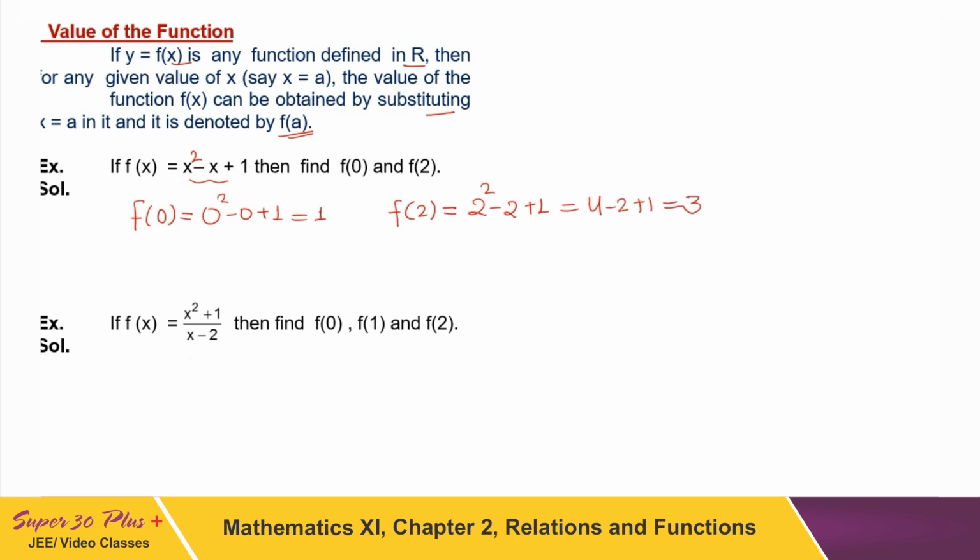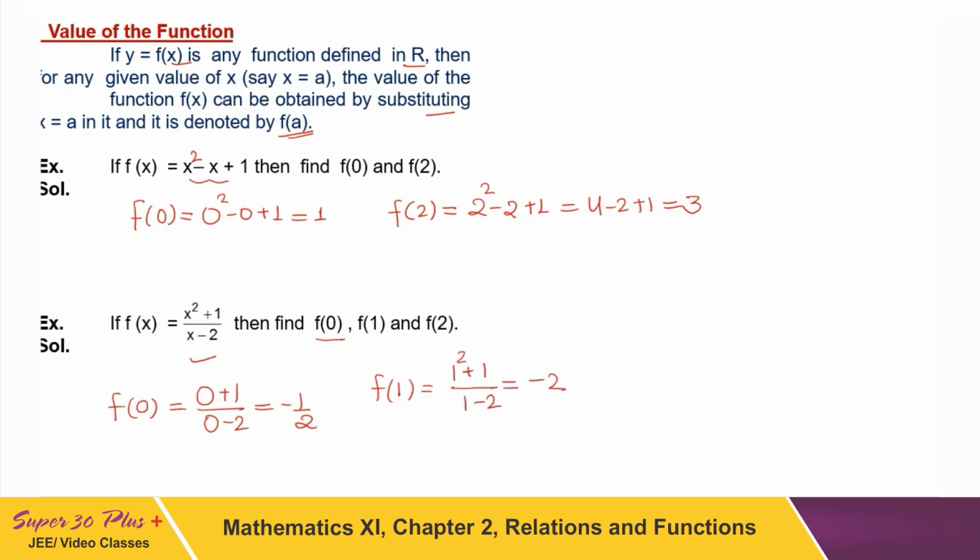Now in this question f(x) is given and you have to find f(0). What is f(0)? f(0) will be (0 square plus 1) upon (0 minus 2). It will be minus 1 by 2. And what is f(1)? f(1) will be (1 square plus 1) upon (1 minus 2). It is minus 2.